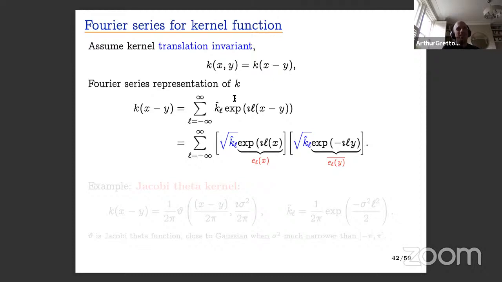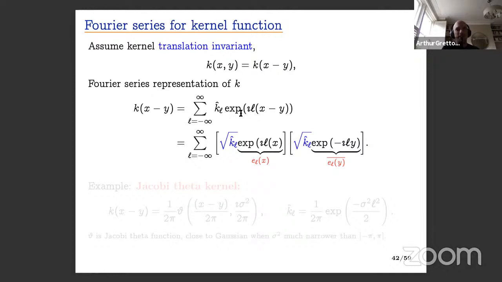Now, since the difference of the arguments is just a single number, I can find the Fourier series of this K. So here is my K, a function of the difference of the arguments. It's going to be an infinite sum of these Fourier coefficients times the exponential of square root of minus 1 times L, the coefficient, times x minus y, the difference of the arguments.